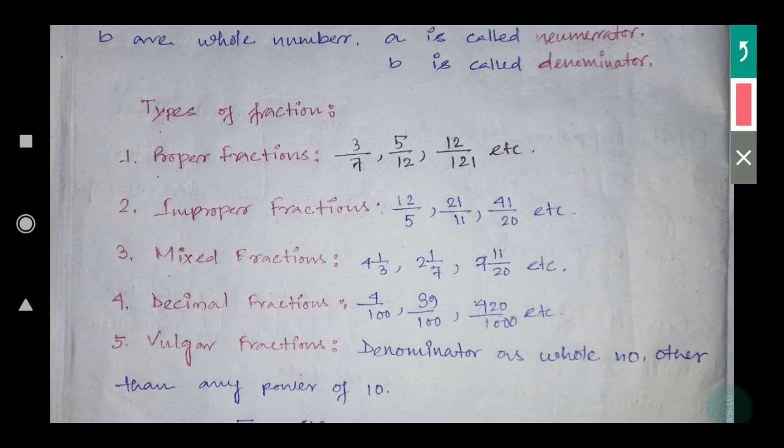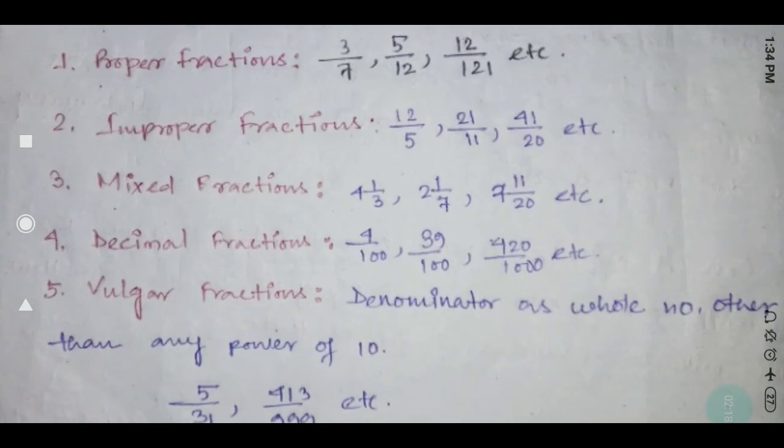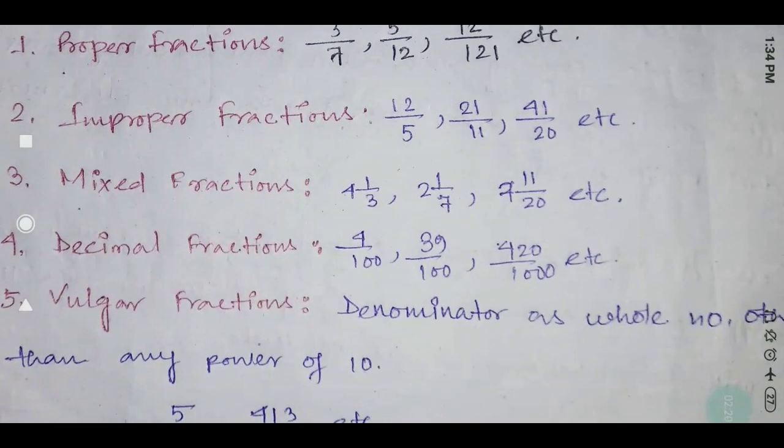See here, in this case 3 by 7, 3 is the numerator, 7 is the denominator, and in the improper fraction 12 is the numerator and 5 is the denominator. Can you observe the difference? The proper fraction means the numerator is lesser than the denominator, and the improper fraction means the numerator is bigger than the denominator.